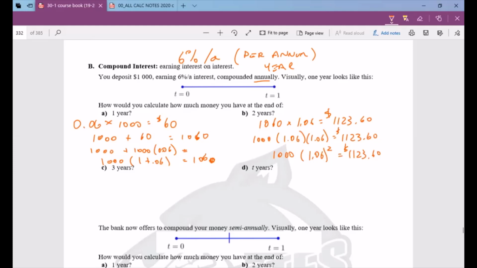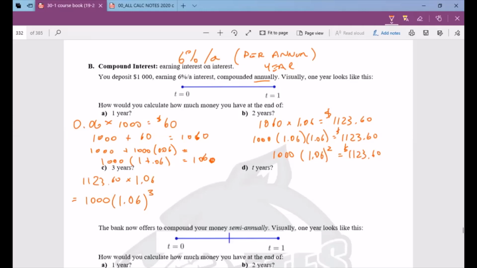Similarly, we could do the same thing. For 3 years, we could take our year two balance of 1123.60 and multiply that by 1.06. But maybe a better way of doing it is taking $1,000 times 1.06 for 3 years. We're going to use our exponent.